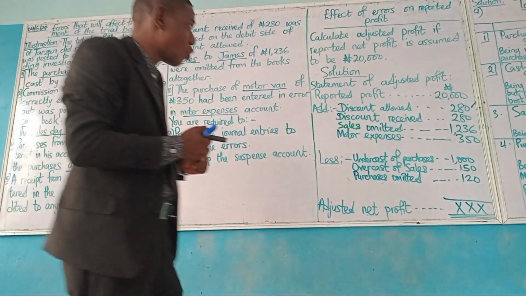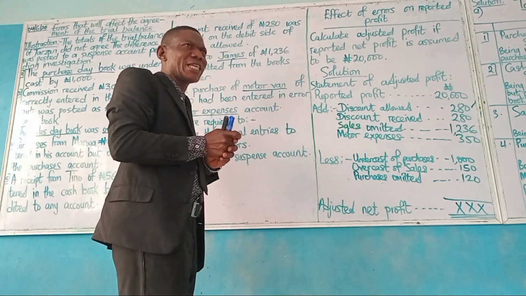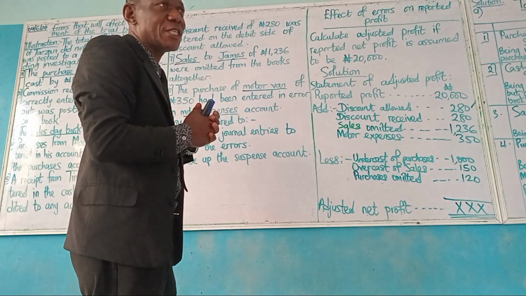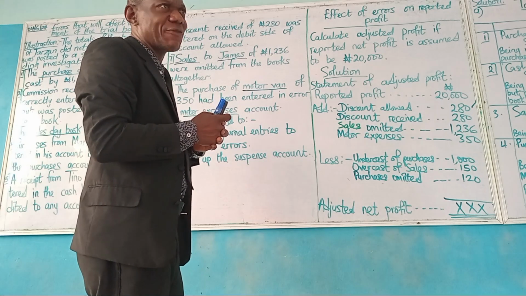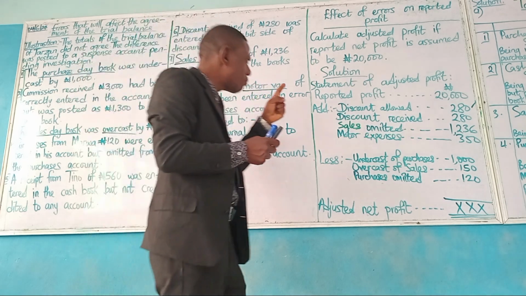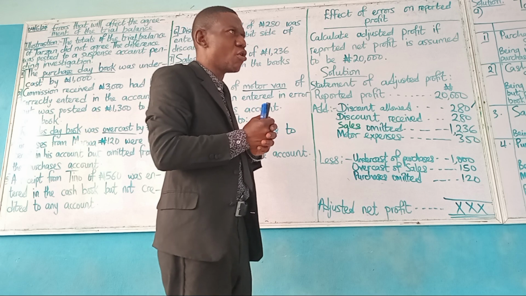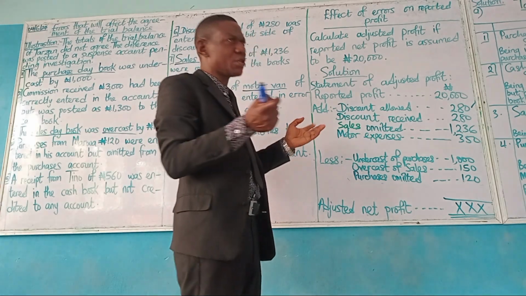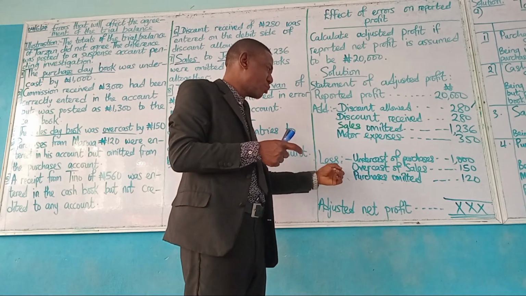You just have to think about the effect of that error: whether the error has affected our net profit, whether the error has affected an item that we used to insert into the trading account, or into the profit and loss account. That is what we use to determine whether it should be added back or subtracted.